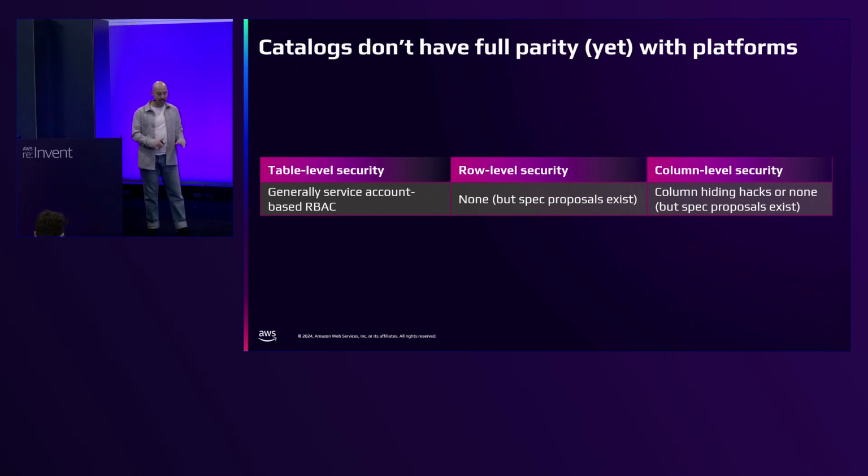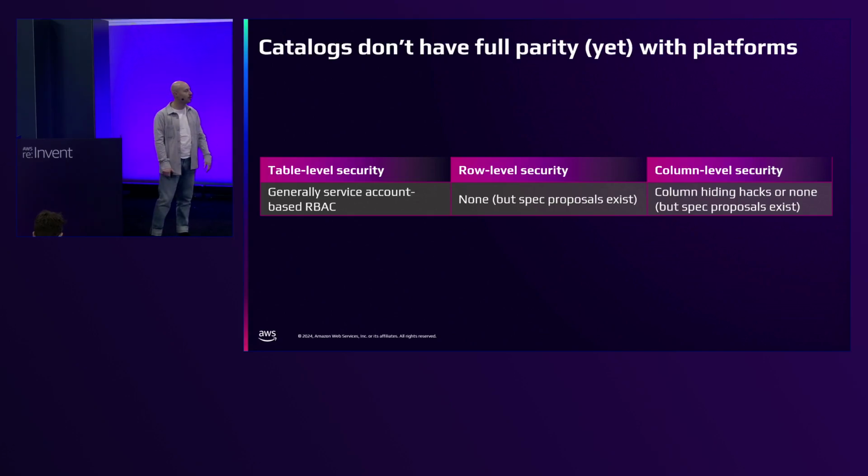Row level security, there's none. But spec proposals do exist. We're excited about spec proposals that exist here. And then column level security, there are some column hiding hacks. Tabular did something kind of cool. They were the company that Databricks acquired, the founders of Iceberg.